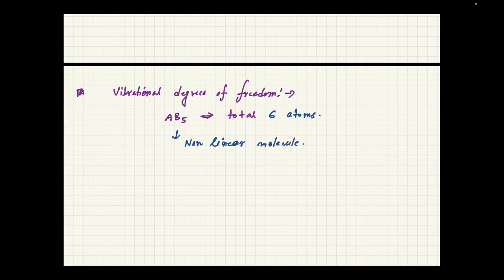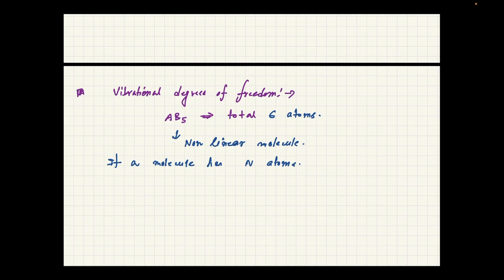Now basically, if a molecule has n atoms, then for each atom there will be 3 degrees of freedom, like 3 Cartesian coordinates at minimum.